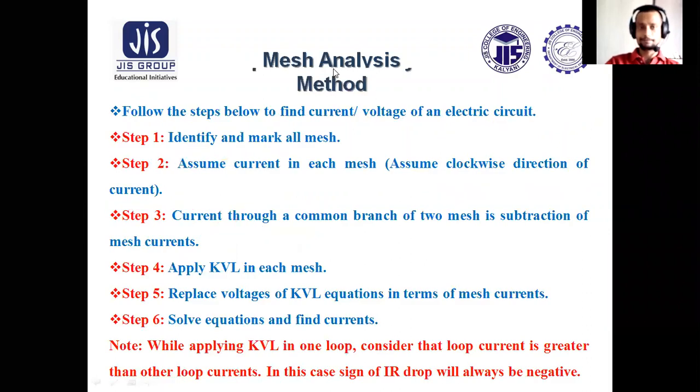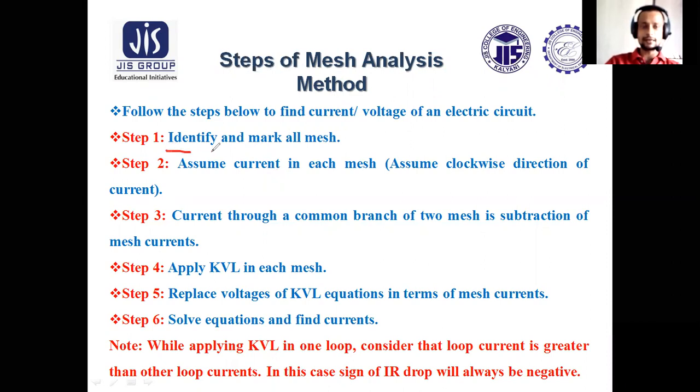Now, these are the steps which you should follow in order to determine current through a particular branch or voltage across a particular branch using mesh analysis method or loop current method. So first step is identify and mark all the mesh. First we need to identify the mesh or loops, then we have to mark all the loops.